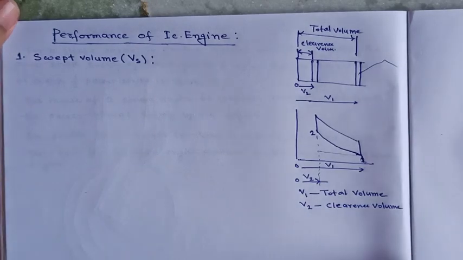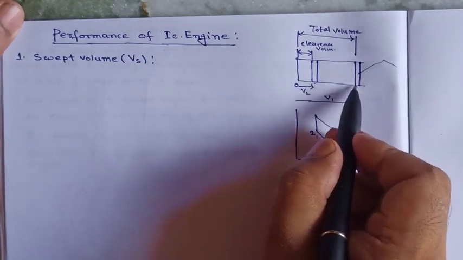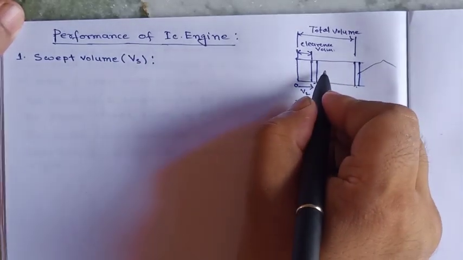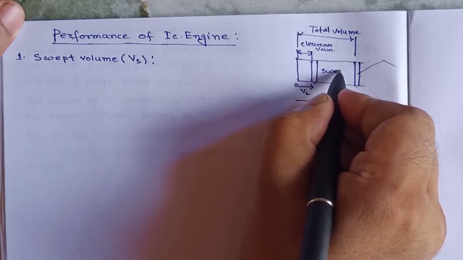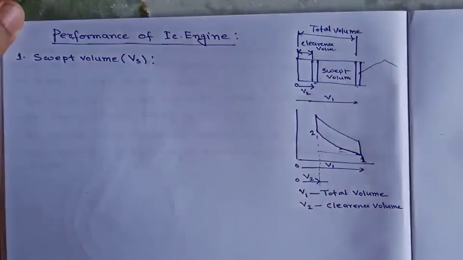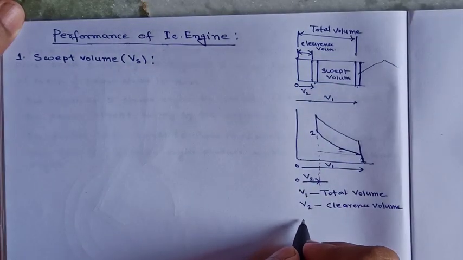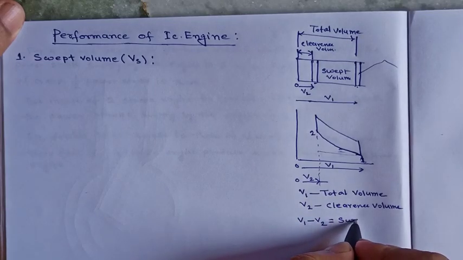Okay, and this volume from this to this is called swept volume, and this swept volume will be V1 minus V2.